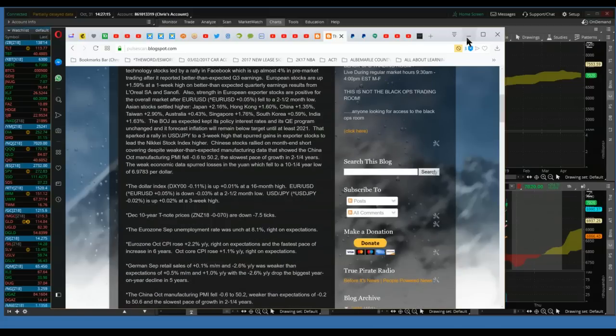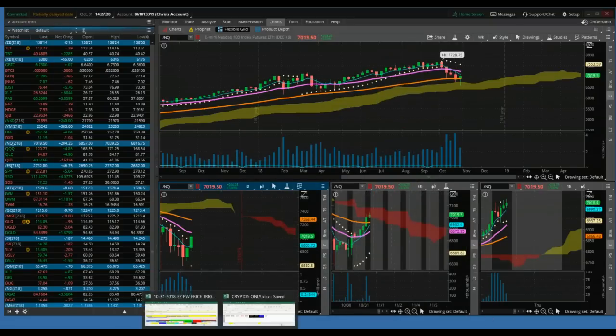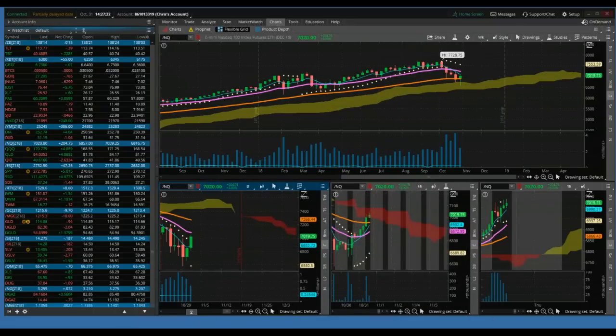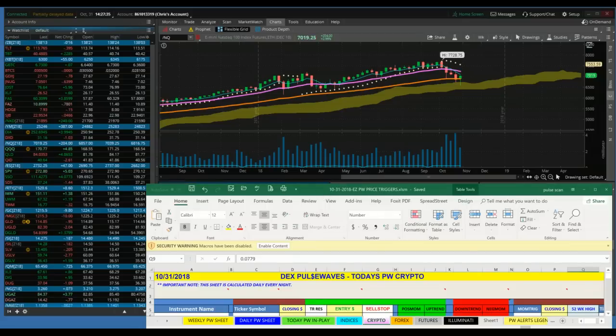All right, now pulling up the sheet. Coming into today, this is what you would have seen. So we can make that bigger. Okay, here we go. Great.